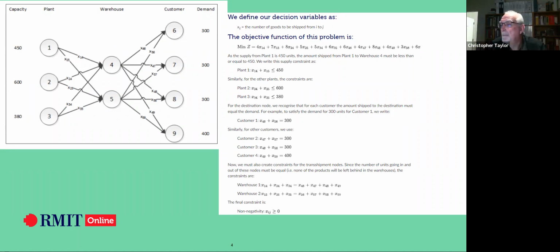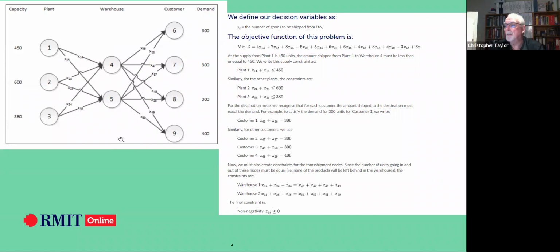And then from plant 2, we've got x24, so 2 to 4 and 2 to 5. Similarly, that has to be less than the capacity of 600. And then node 3 to node 4 and node 3 to node 5 can't exceed 380. So that's on the capacity side.